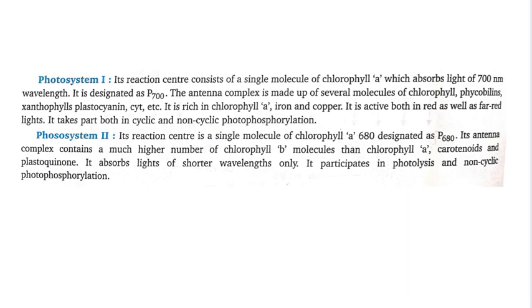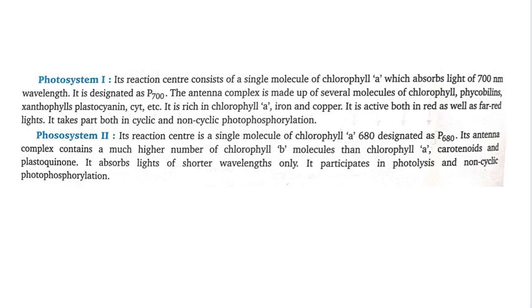Photosystem 2: its reaction center is a single molecule of chlorophyll A 680, designated as P680. Its antenna complex contains a much higher number of chlorophyll B molecules than chlorophyll A, carotenoids and plastoquinone, and it absorbs light of shorter wavelengths only. It participates in photolysis and non-cyclic photophosphorylation.